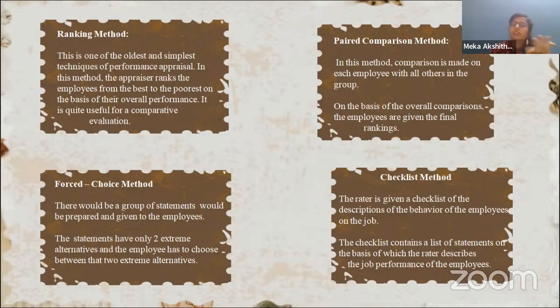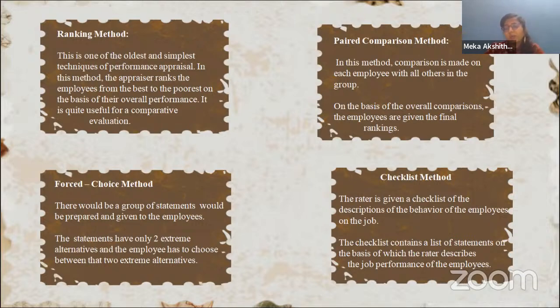So the organization won't know the individual's ability, individual skills and knowledge. And when they look at the whole group, they can look into only certain skills wherein the whole group is lacking, but they won't be able to focus on that individual. They can't give individual feedback to the members. So that is the drawback in the ranking method.